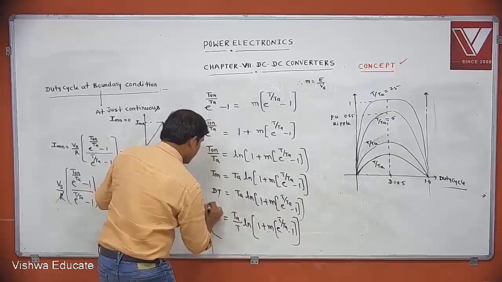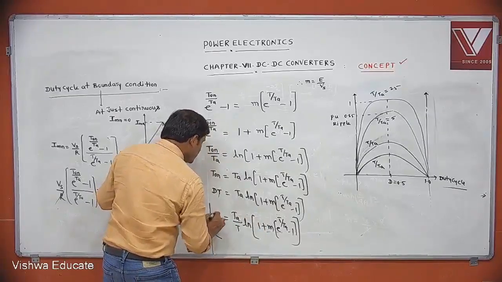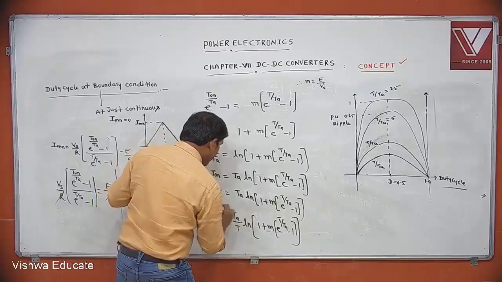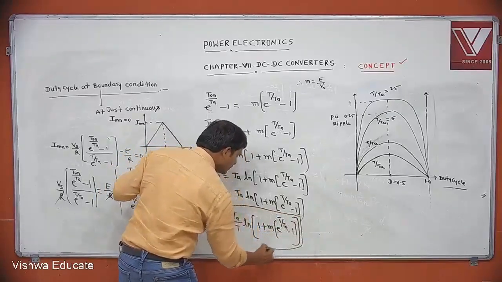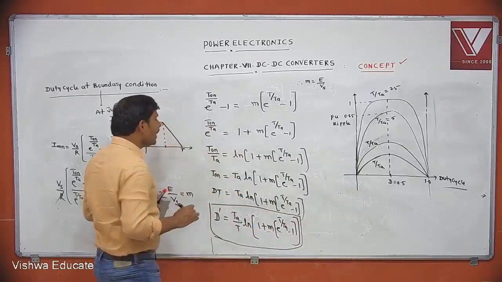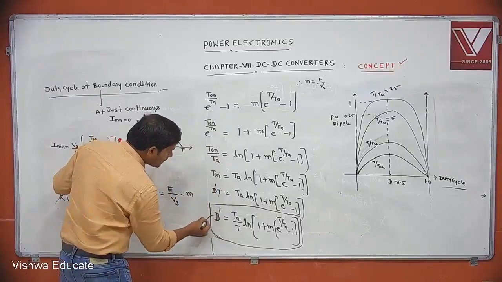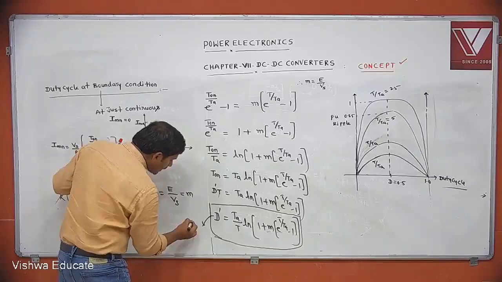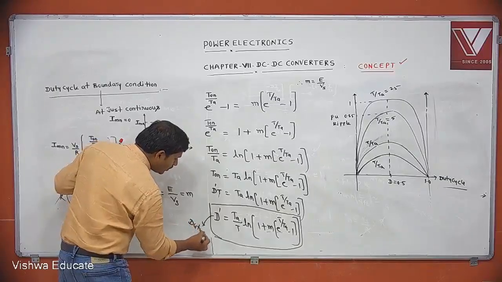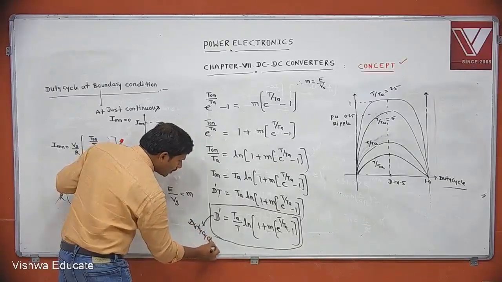This duty cycle is normally D, but I take it as D dash. This is the duty cycle at boundary condition.